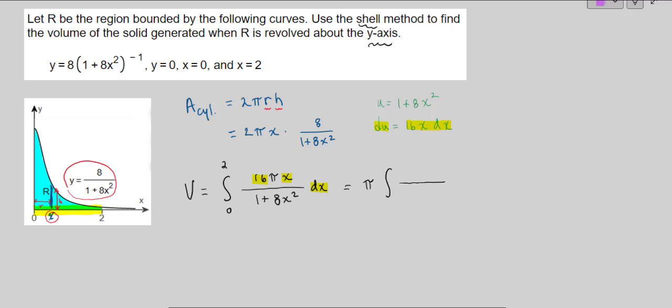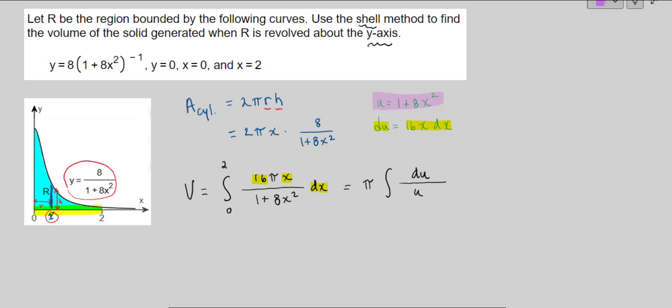Our limits of integration are changing, so let's wait. 1 plus 8x squared is u. And now in this numerator, we have 16x dx, which becomes du. And in order to get our u limits, we're going to look up here. This is the equation that relates x and u.